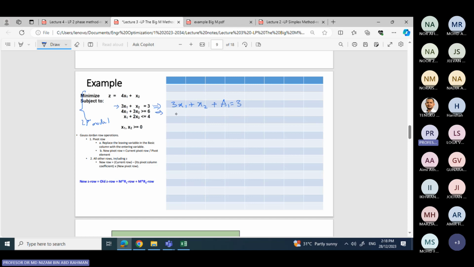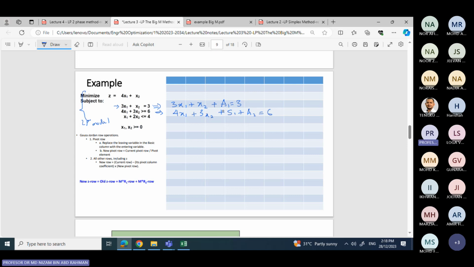The second constraint is 4x1 plus 3x2 plus what? Is it correct?